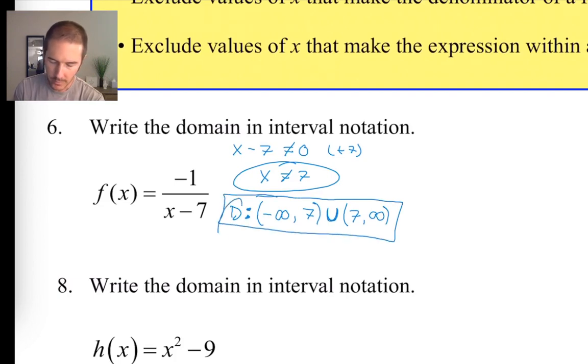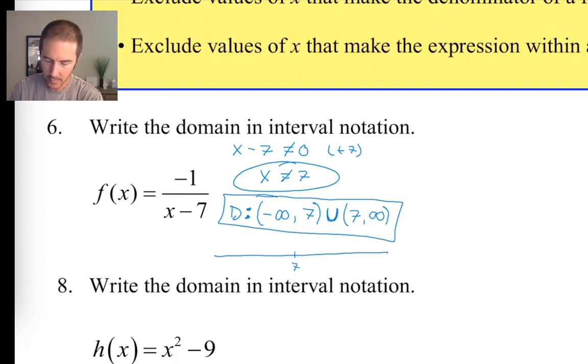You wouldn't put in this D with a colon on it, probably. You'll just type this stuff into a text entry box in an online assignment, or as a multiple choice question on a quiz or a test. You would probably just see that notation. All right. Visually, I like to look at it on a number line.